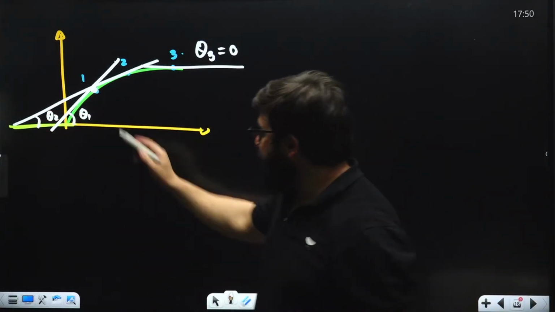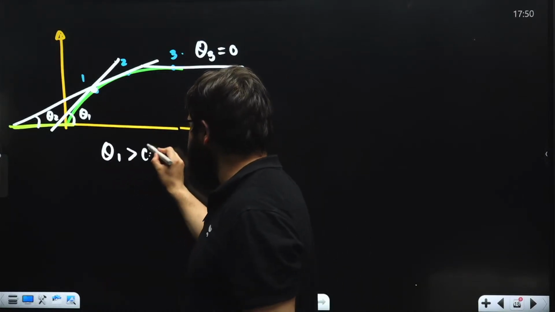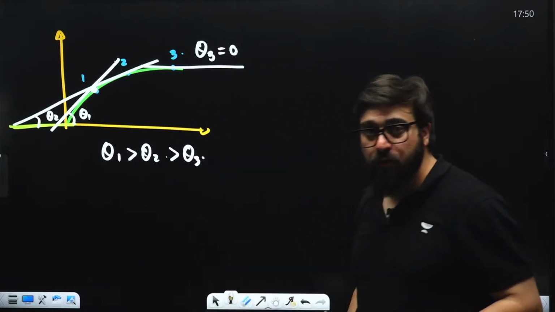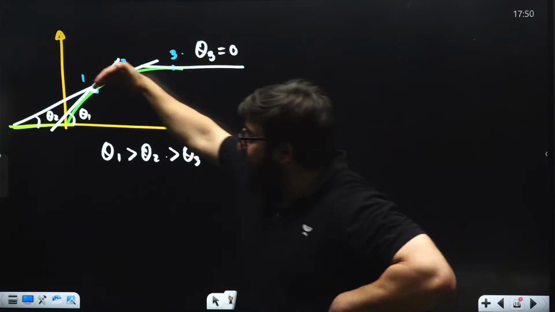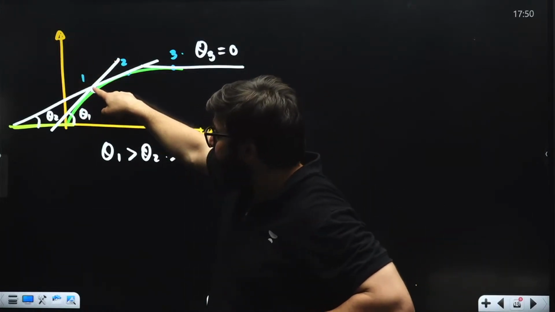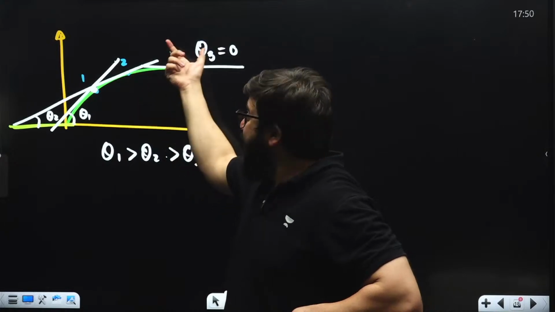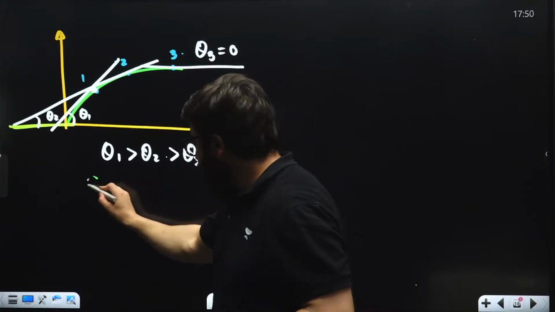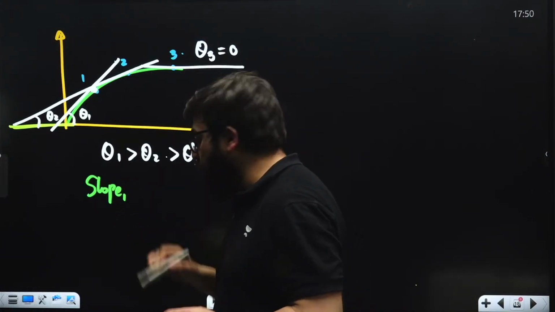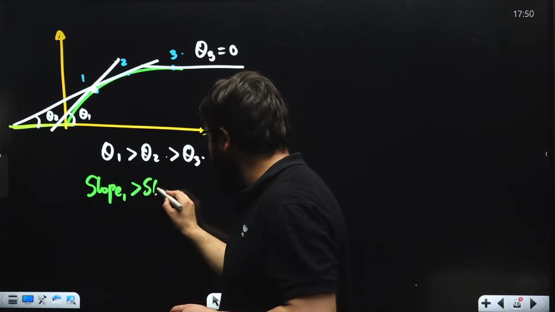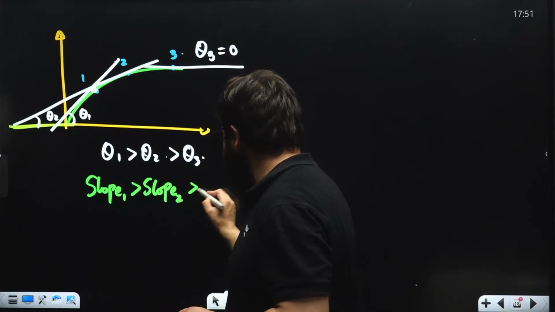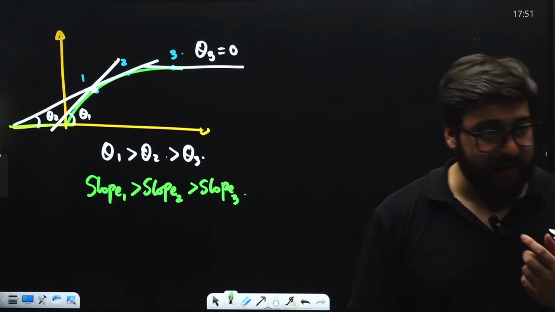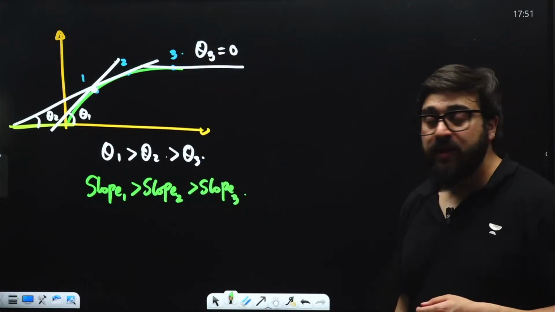Absolutely not. θ1 is greater than θ2, and that is greater than θ3 because θ3 is 0. So theta is decreasing: at 1 it is more, at 2 it is less, at 3 it is 0. Slope at 1 is greater than slope at 2, which is greater than slope at 3. This will be the case.